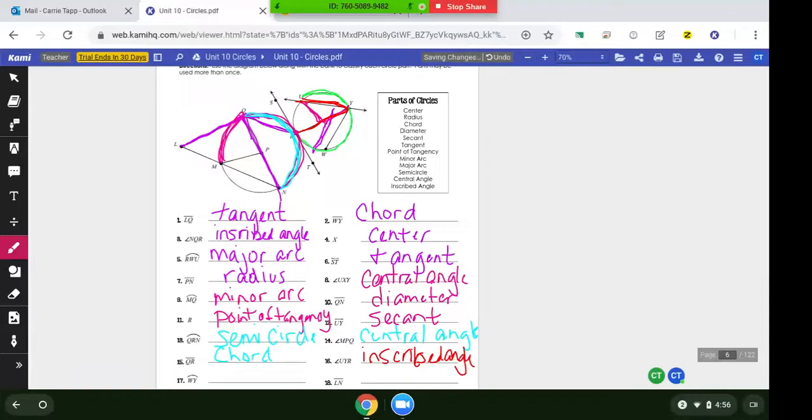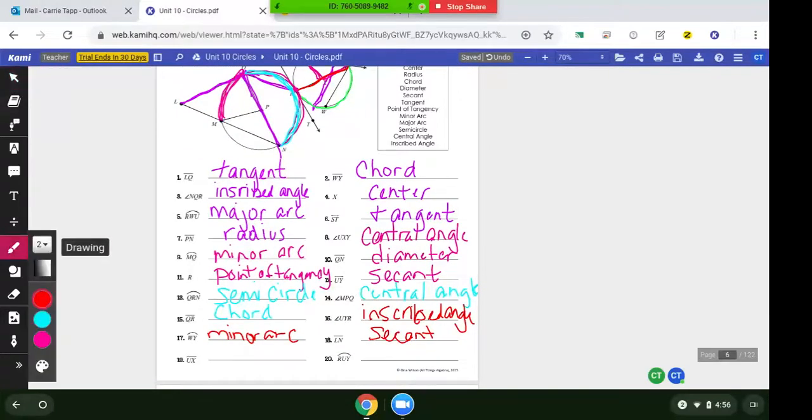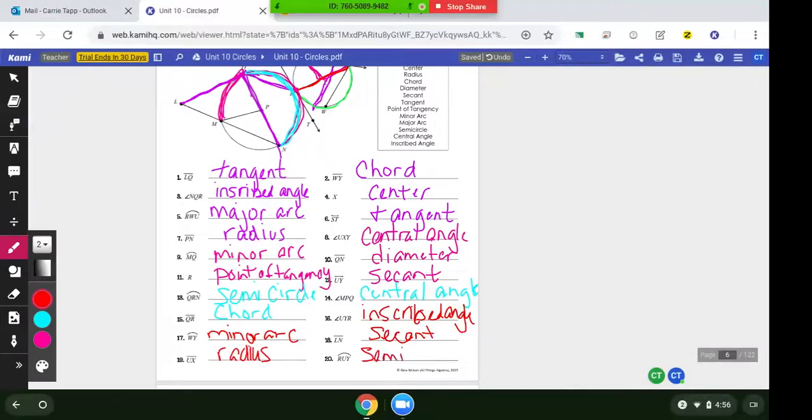And we have arc WY, which is a minor arc, it's less than 180. Segment LN is a secant. And then last but certainly not least, we have UX, which is a radius. And then we have arc RUY, which is going to be a semicircle.